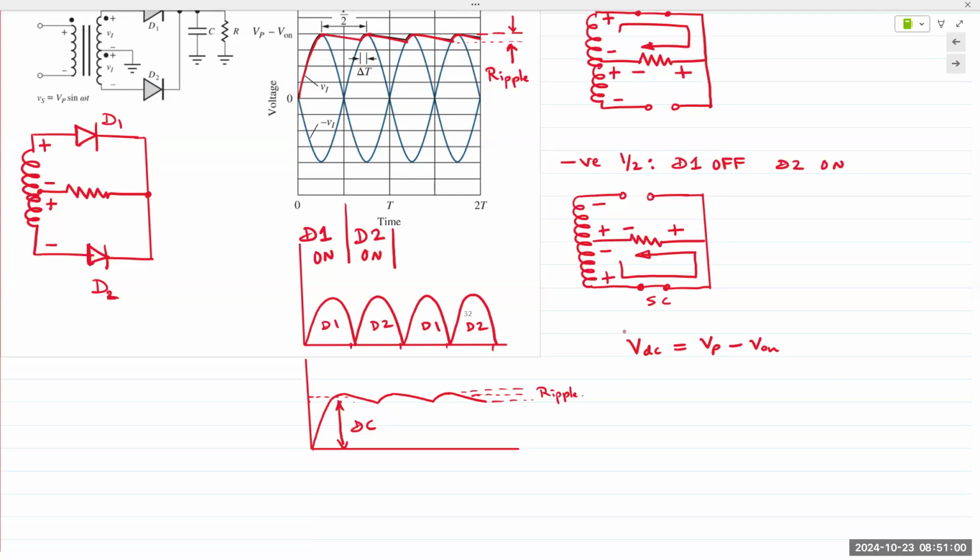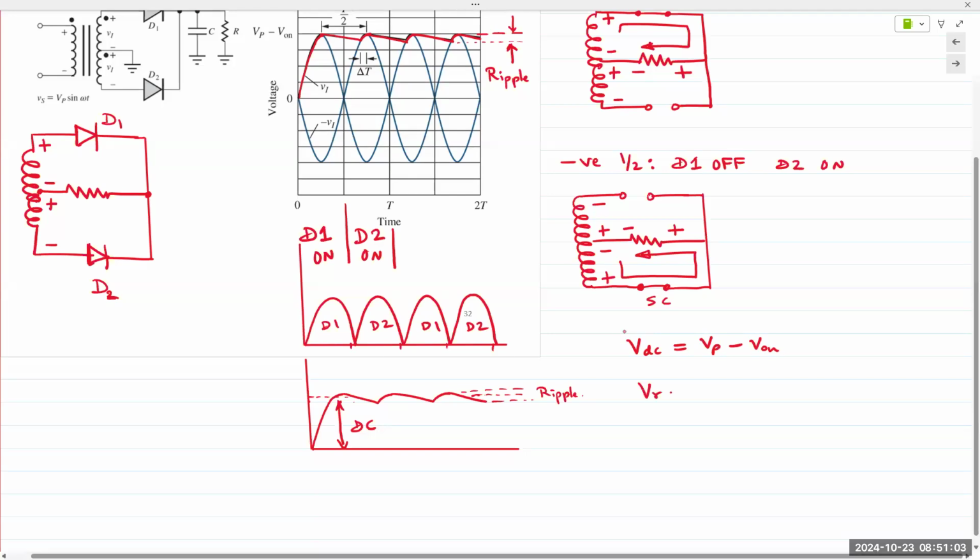And VR, the ripple voltage, is the same: VP minus V on over R times T over 2C.